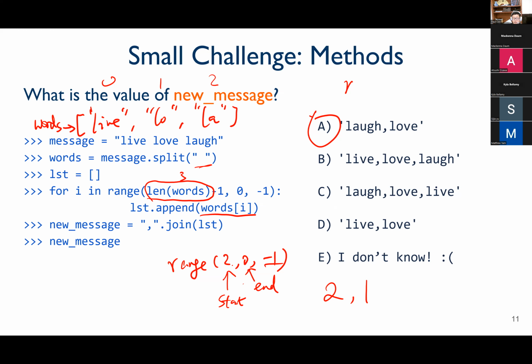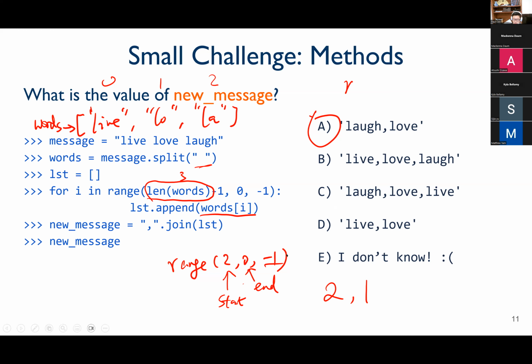It's an arithmetic sequence, right? So 2, 1, you're getting one smaller every time. And then you get a 0 in here. It doesn't include 0, so it stops before 0. That's why we have 2, 1 in here. So the first value it takes is 2, second value it takes is 1. That's why it's laugh and love, connecting them using join.